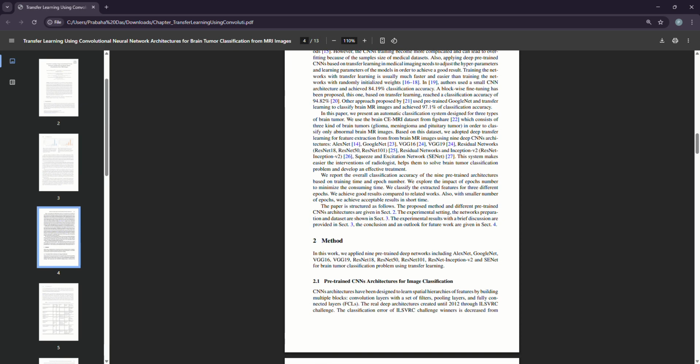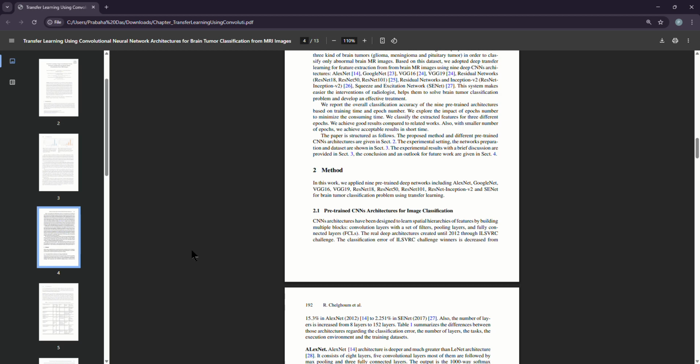So the CNN architectures used are AlexNet, GoogleNet, VGG16, VGG19, ResNet 18, ResNet 50, ResNet 101, ResNet Inception V2, and SENet for the brain tumor classification problem using transfer learning.